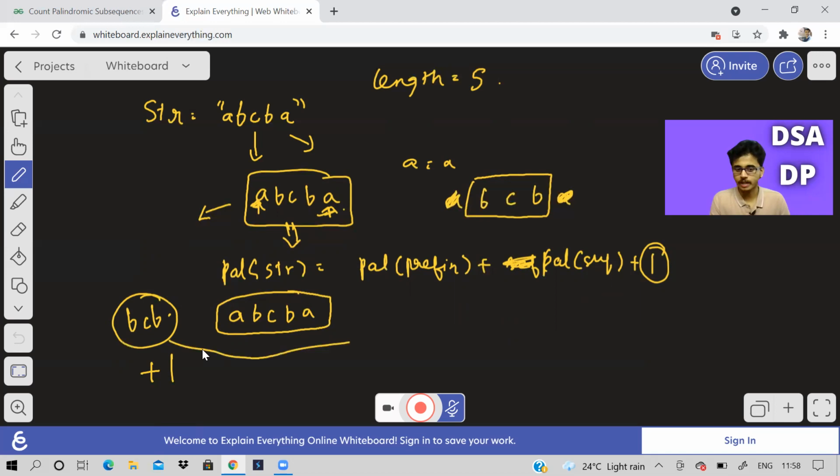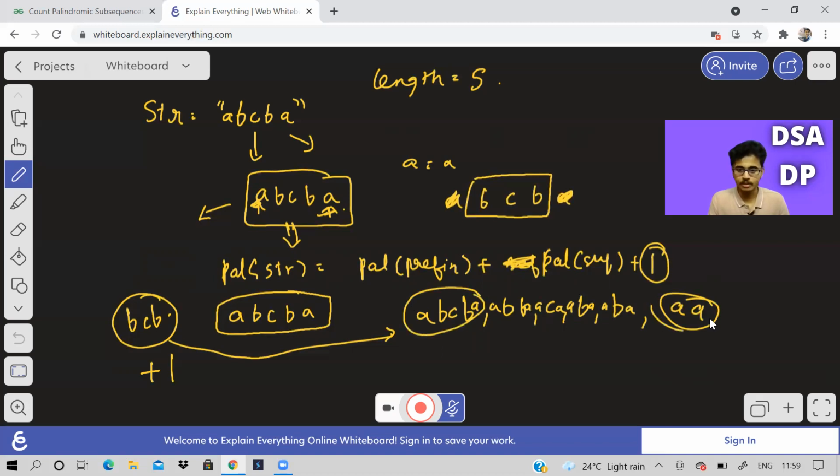See, what were the palindromic subsequences for this? BCB, BB, CBB, correct. Now I am considering the case where I am adding both first and last. If I add first and last everywhere here, then only one extra I will get, which is AA. So AA will become extra.